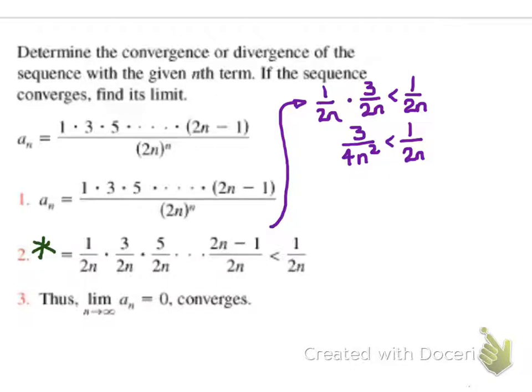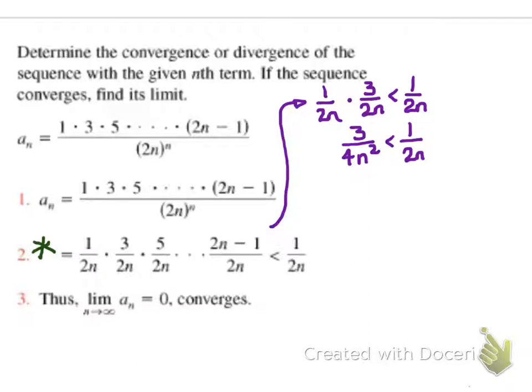She was asking how we got step number 2. I don't even feel like it's from step number 1 to step number 2. Like, how did we get step number 2 in general? And the best that I can explain it is that even if you look at the first 2 terms, even with just multiplying those first 2 terms, you already have something that's less than 1 over 2n.